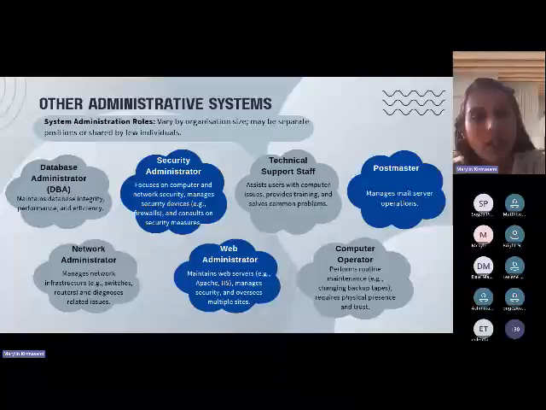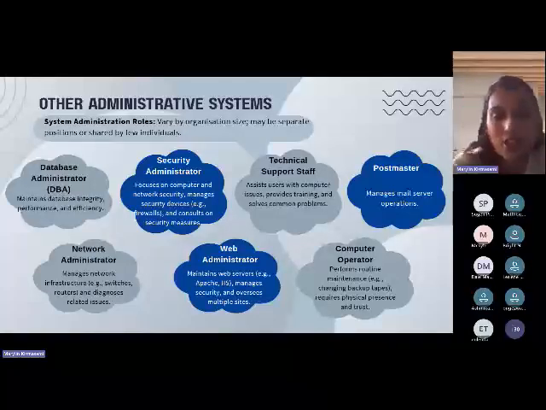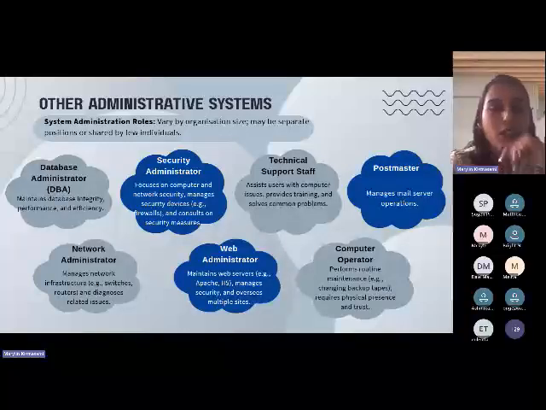Okay. Then you have what is known as a network administrator. They oversee the organization's network infrastructure. They maintain hardware like the switches and the routers. They diagnose network problems affecting the devices that are connected. For example, they would also troubleshoot internet connectivity issues to ensure that operations keep running smoothly. Then you have what is known as a security administrator.